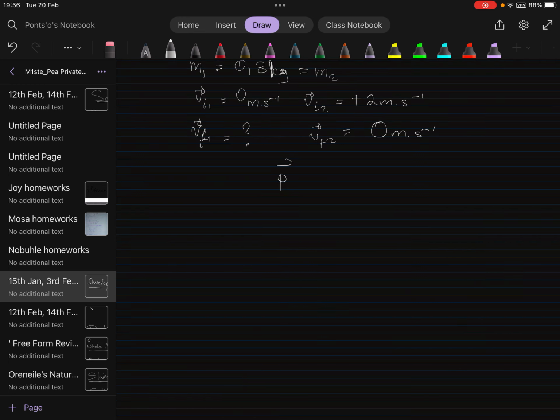So then we can use the momentum conservation equation.